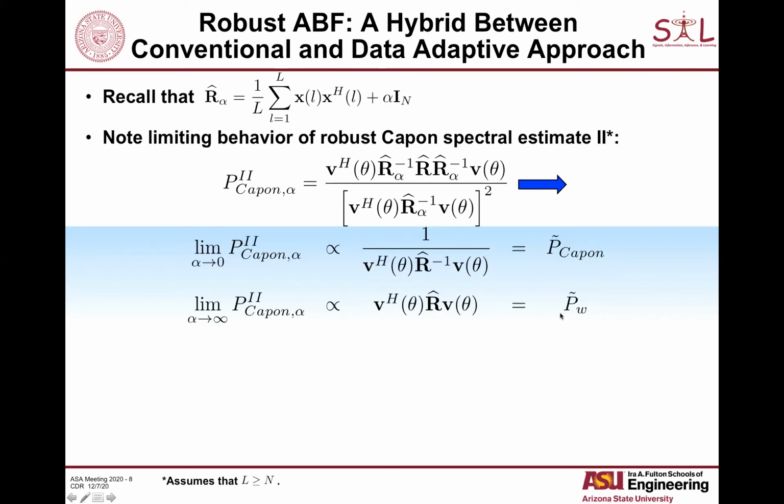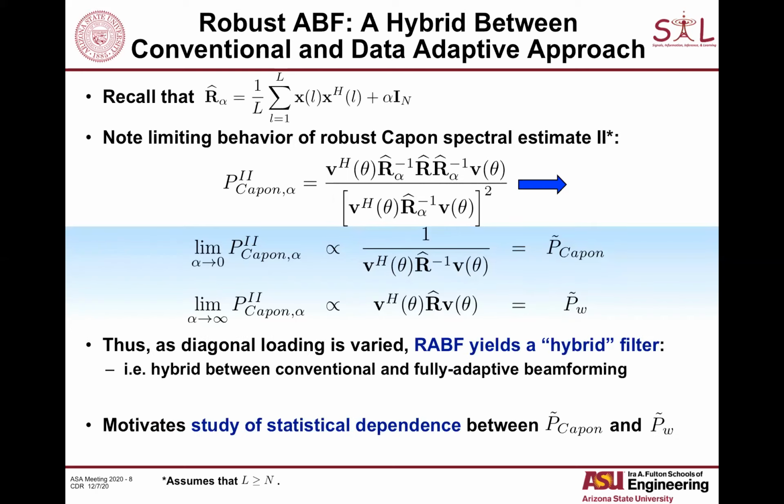This is interesting because it suggests that as we vary the diagonal loading value, we end up with a filter that is a hybrid between a data adaptive filter and a conventional filter. The value we pick essentially determines the extent of hybridization.